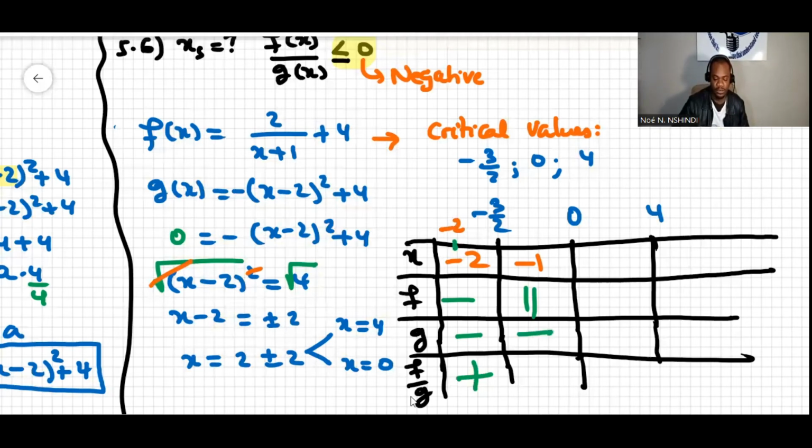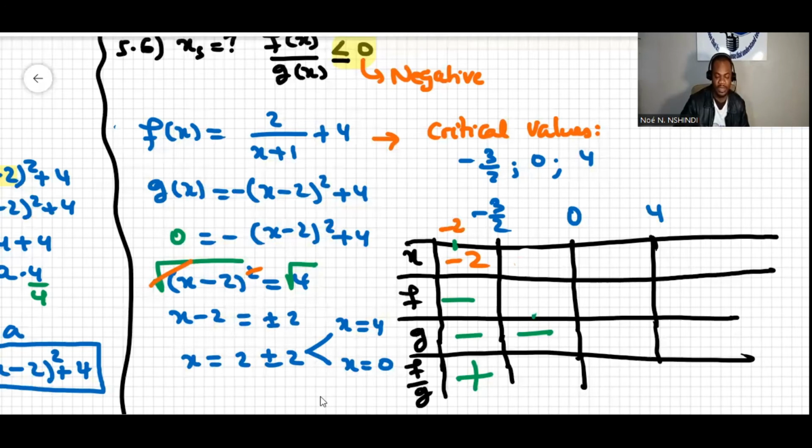So here -1 was undefined. Let's pick another value. Regardless of the value we select within this interval, G of X will always be negative. But let me change the value because we have an undefined value there.